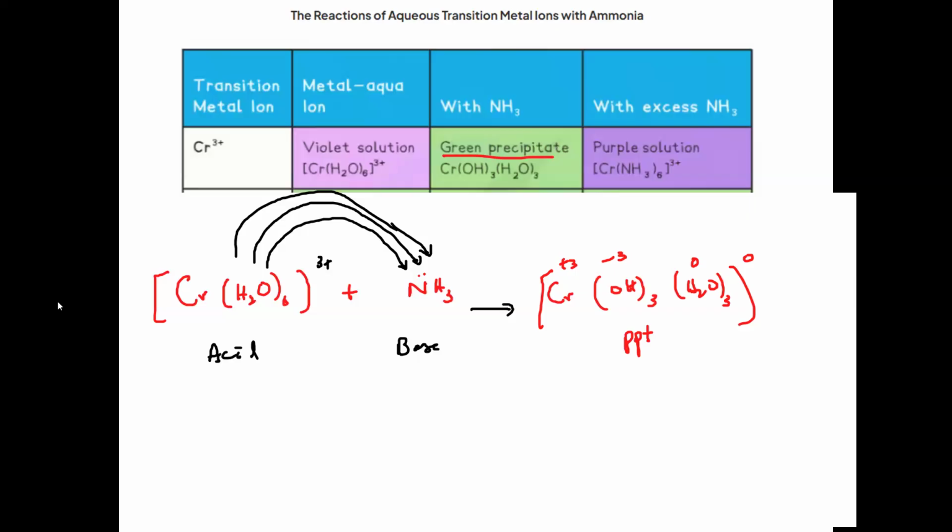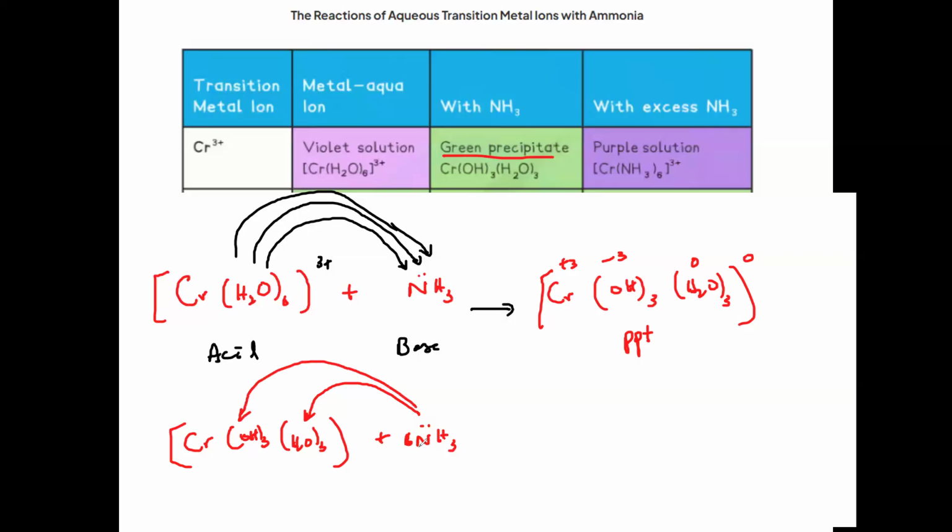What about the second reaction? When we have chromium hydroxide and H2O, the second reaction is basically the ligand exchange: 6 ammonia molecules replace 3 water molecules and 3 hydroxide ions. So this will become [Cr(NH3)6], with a charge, so it will be a solution.